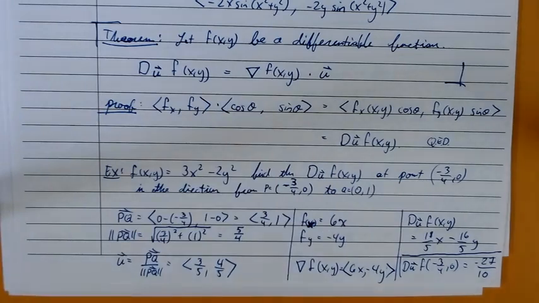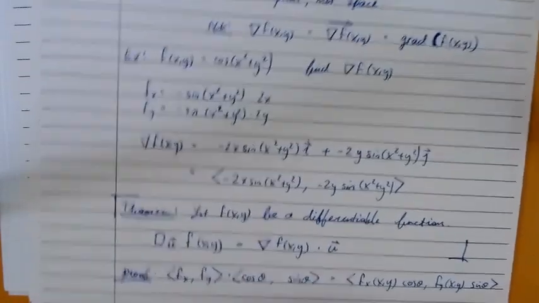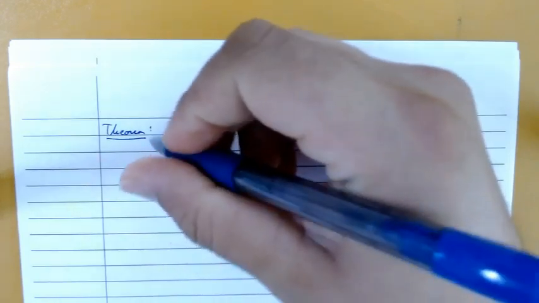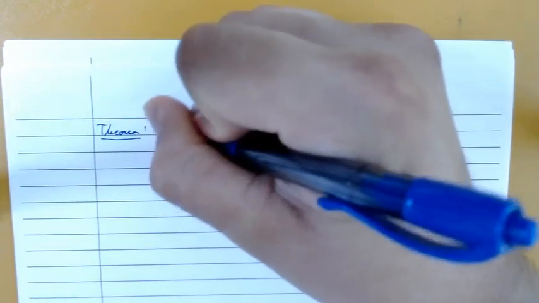Okay, now that we've defined the gradient and we've seen some use of it, here we have a theorem which gives us some properties of the gradient. These properties go a long way in explaining one way of visualizing, one way of interpreting what this gradient even is. All right, so theorem. Let's begin with a function of two variables.